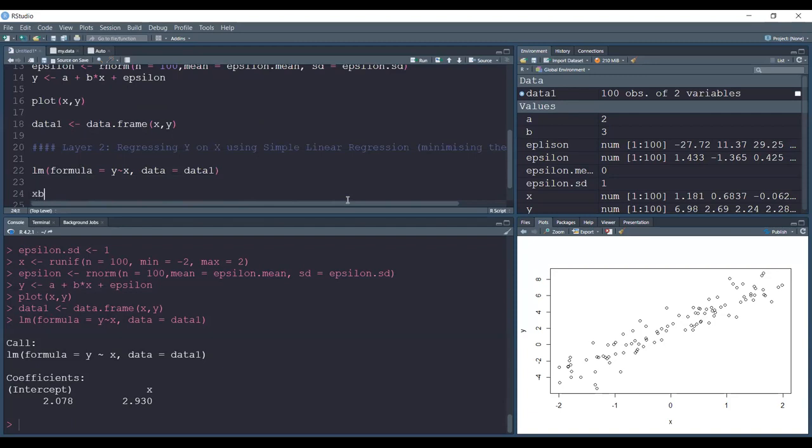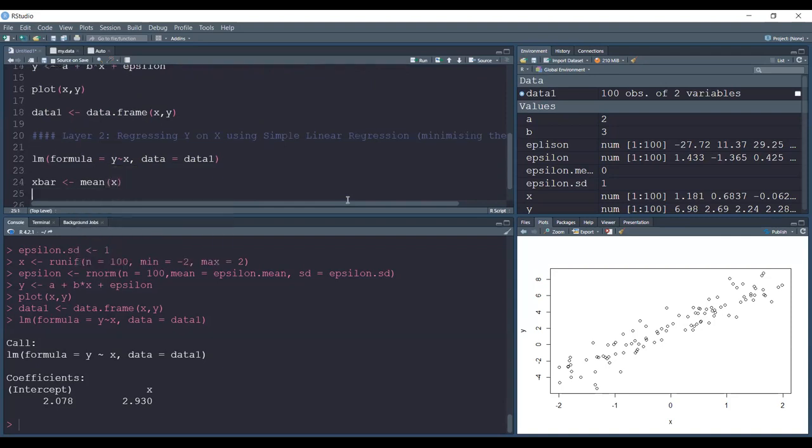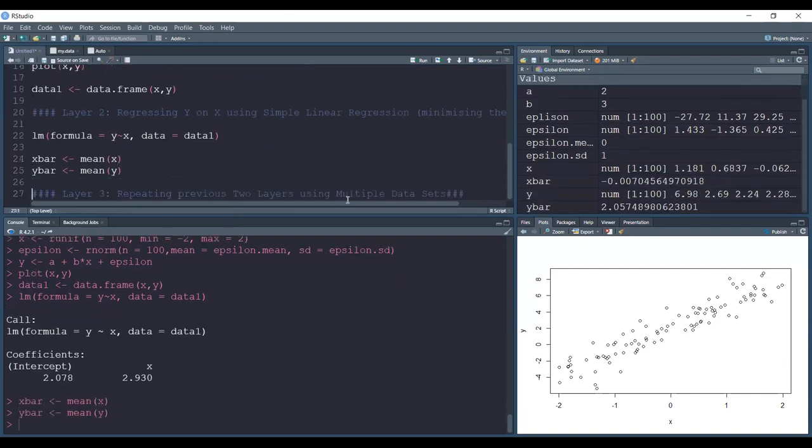X bar is the mean of vector x, and y bar is the mean of y. This would be a single number for each one. So we have x bar and y bar. These are their values.